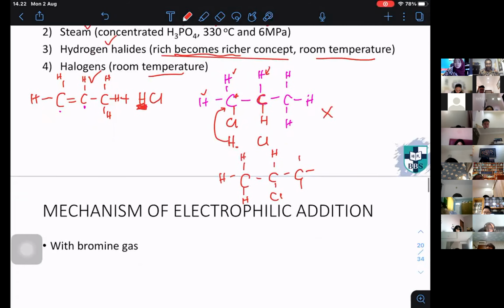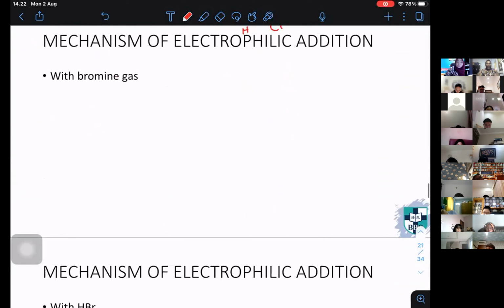But the most important thing is to write down the mechanism. This mechanism is quite important. If I have carbon double bond carbon and I have Br2 at room temperature, how do I draw it using a curly arrow diagram? When Br and Br come nearer, there is a lot of electrons over here.